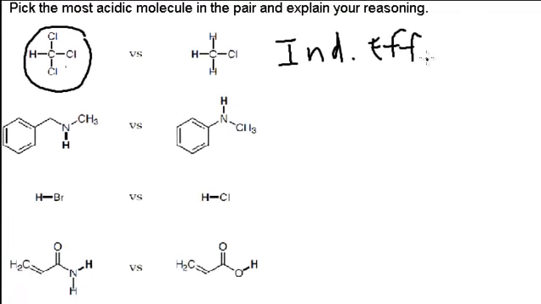So again, the easiest way to predict which is more acidic is to look at the stability of the conjugate bases. The molecule on the left has a conjugate base that looks something like this.